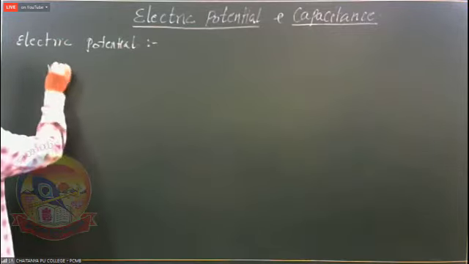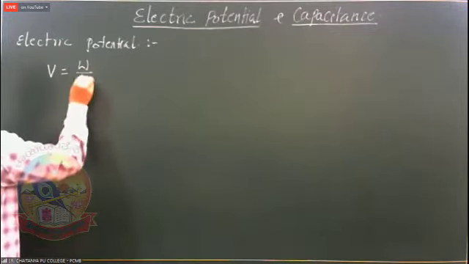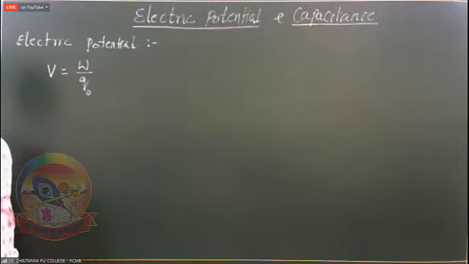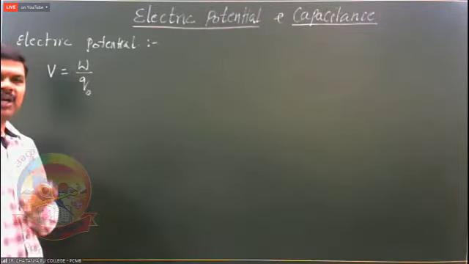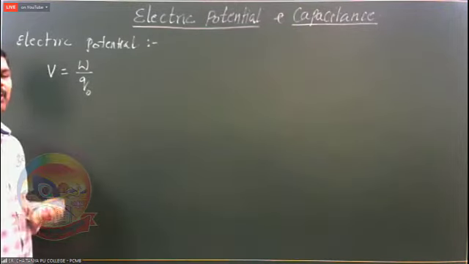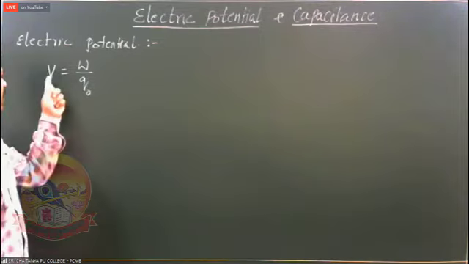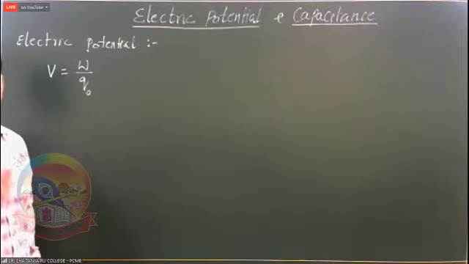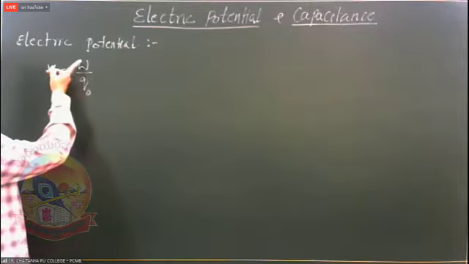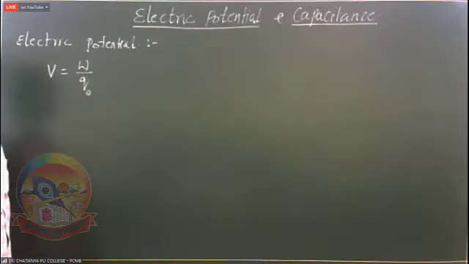It is represented with V, and it is W by Q naught. Work done to bring a unit positive charge from infinity to a point in the field is known as potential at that point. This we already discussed in the last class. The formula is W by Q naught.